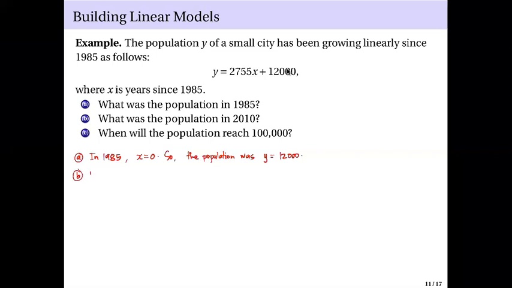Letter B. In 2010, X is equal to 2010 minus 1985. Correct? Because X is years since 1985. So the starting year is 1985, and that's why here X equals 0. But in 2010, we have to subtract 2010 minus 1985, and this is equal to 25.